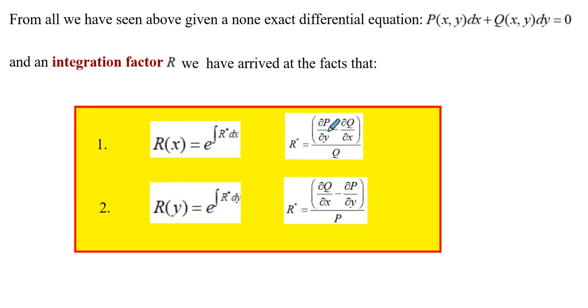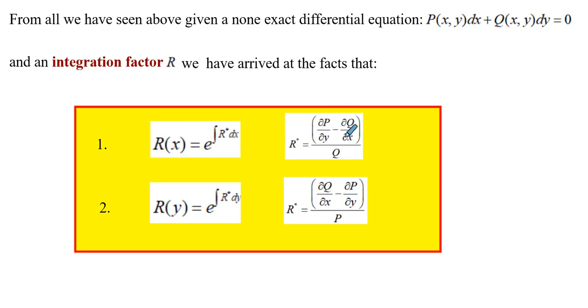In this case here, remember x dx comes with a p, but p here is differentiated with respect to y. Then we are subtracting the partial derivative of what? Of q with respect to x, and the denominator again is q here. So p is leading here, subtracting the partial derivative of q, and q dividing there. And here we actually just swap around the variables.